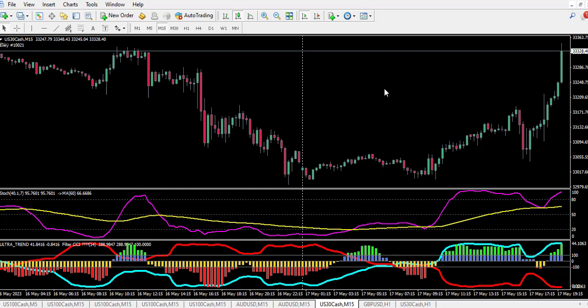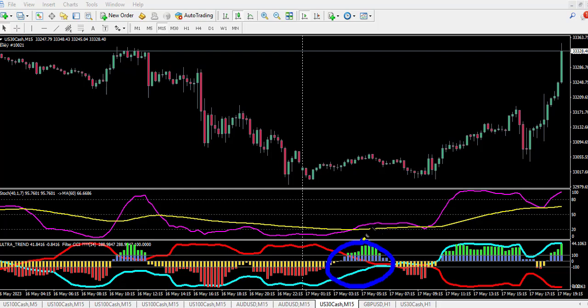Now let me show you how to use these indicators that I've combined together for this strategy. I have two indicators that are combined together here. We have the stochastic indicator and moving averages in this indicator window on this MetaTrader 4. And in the second window, I also have other indicators that are combined together for this particular strategy.